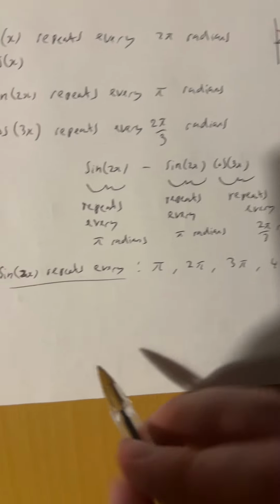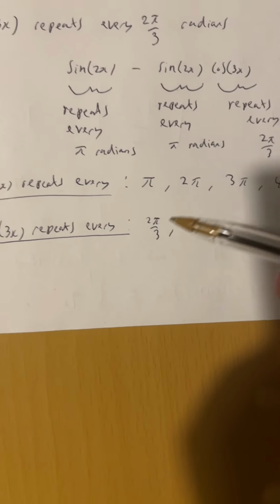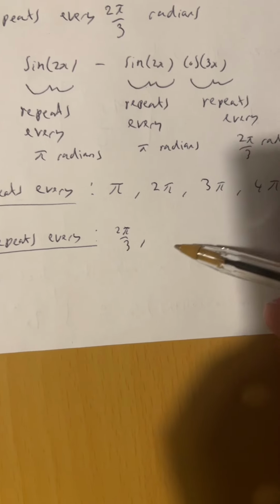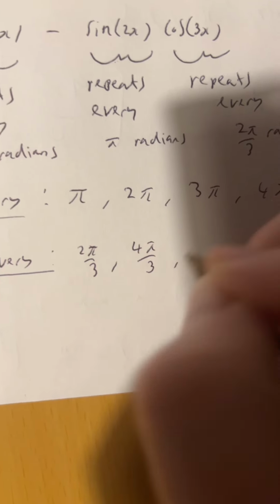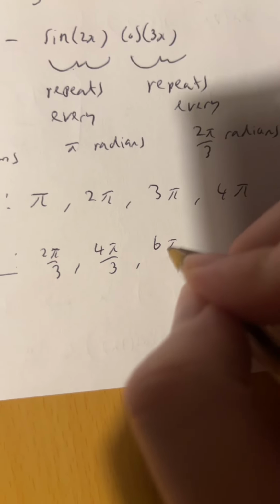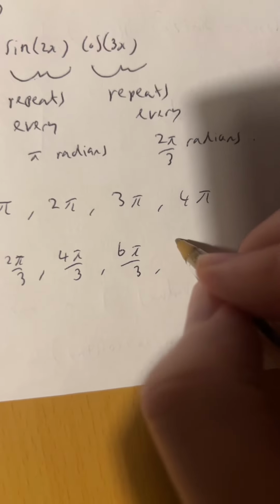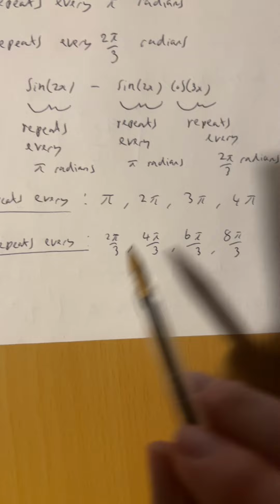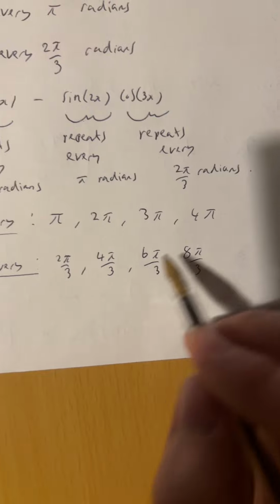Let's do a similar thing with the cos 3x. So cos 3x repeats every 2 pi over 3 radians. Now double it. So double that, you get 4 pi over 3. Treble that, you get 6 pi over 3. Times that by 4. So now we're going to get 8 pi over 3, right? So this cos wave is going to repeat every lot of these radians here. Now let's just simplify this fraction here.